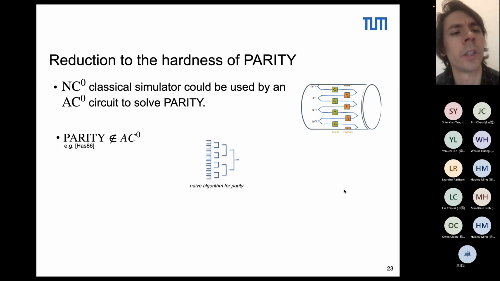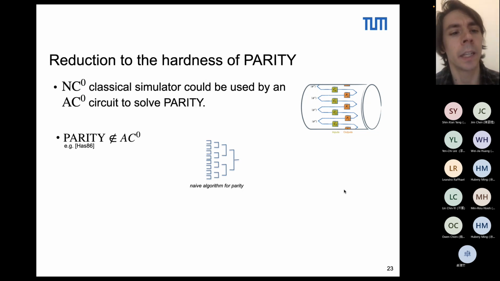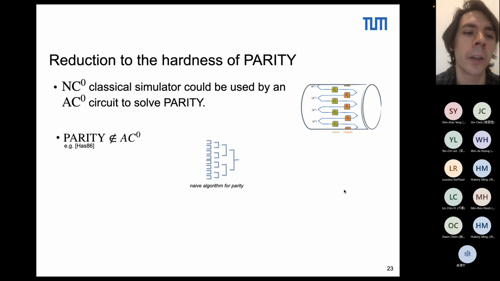So our whole construction is a reduction to the hardness of parity. What we show is that if there was a classical circuit to simulate possibilistically the quantum circuit defined on this cylinder, if such a simulator existed, then it could be used by an AC0 circuit as a subroutine to solve parity.